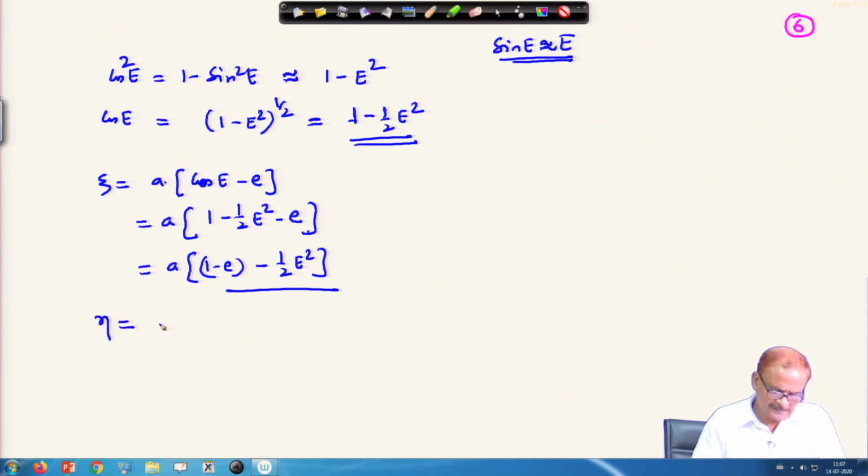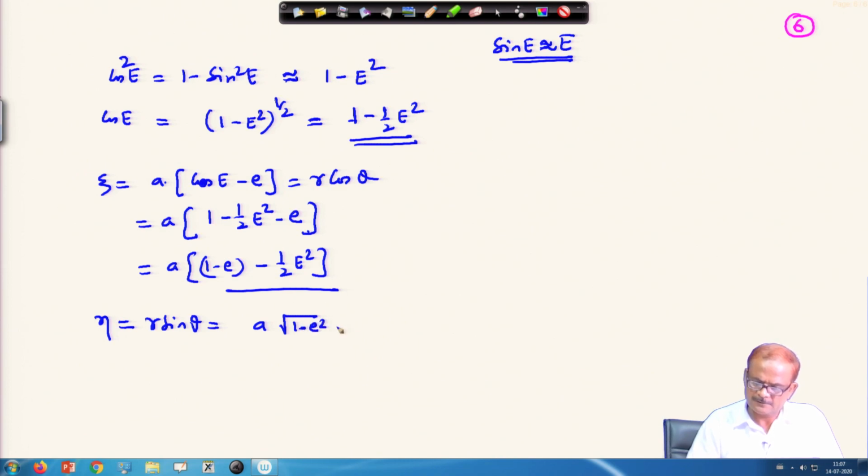Similarly, the eta then becomes, this is r cos theta, r sin theta, this equal to a times square root of 1 minus e squared times sin E we have written. So sin E equal to E. So this becomes a e times square root of 1 minus e squared.